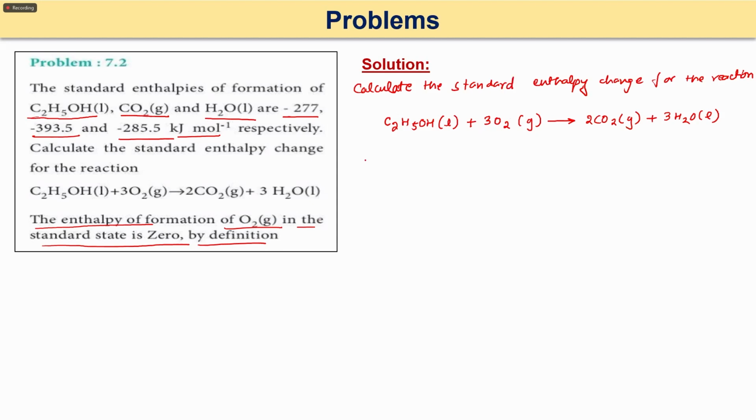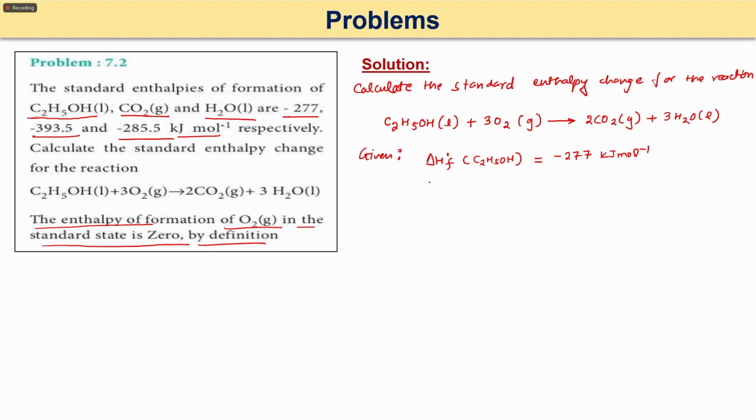So let us write what we are given. Given: delta H naught f of C2H5OH is minus 277 kilojoule per mole.